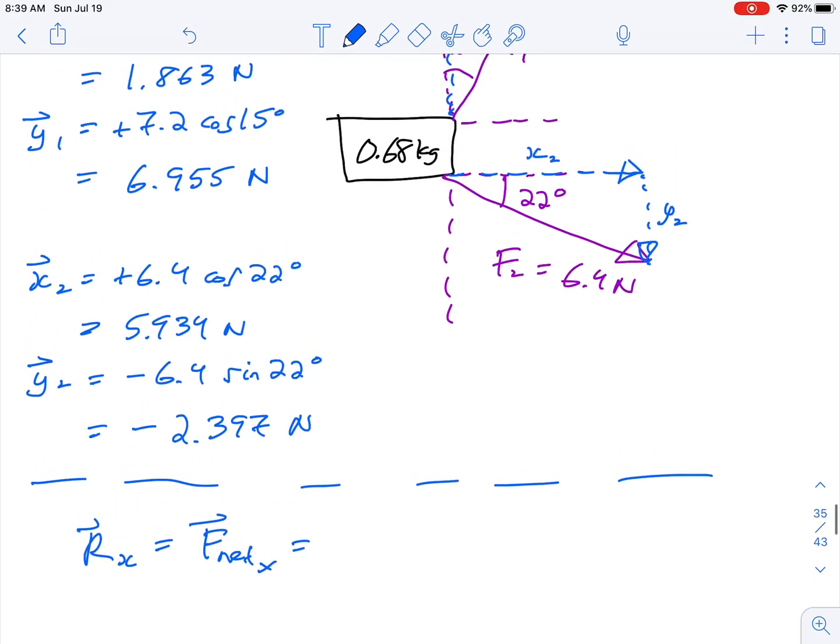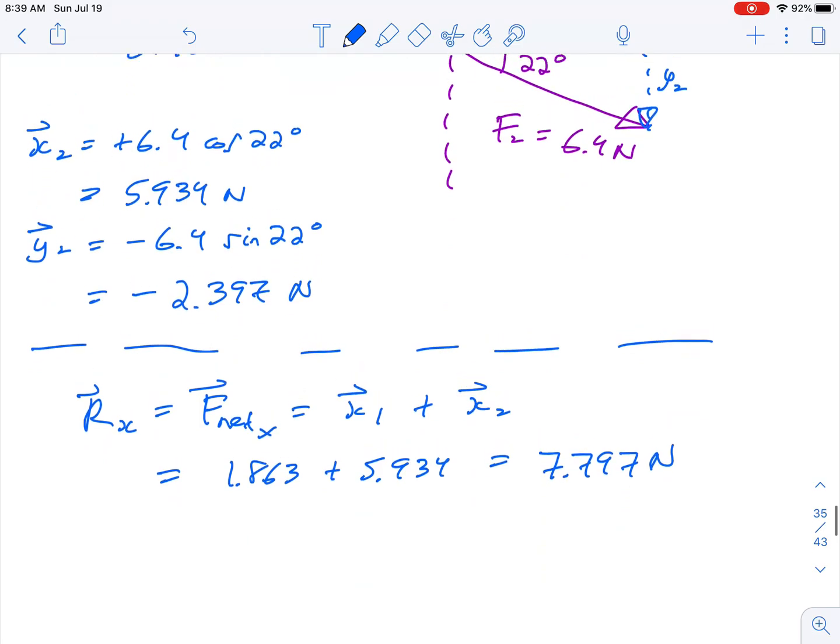So this becomes equal to x1 plus x2. x1 was 1.863. x2 is 5.934. So about 7.797.